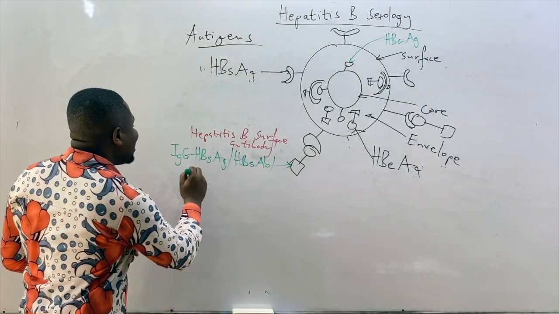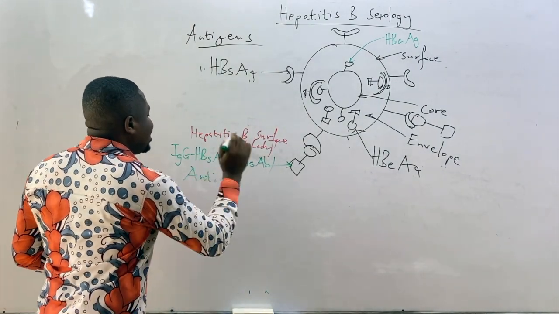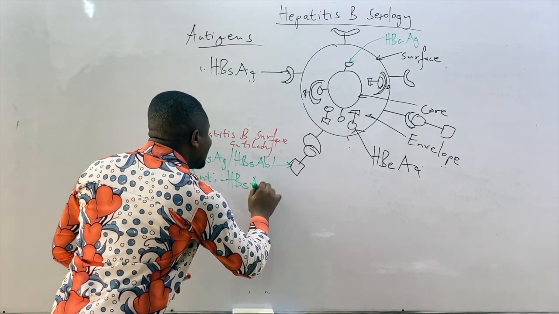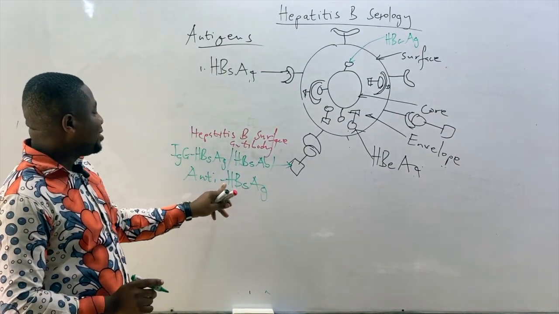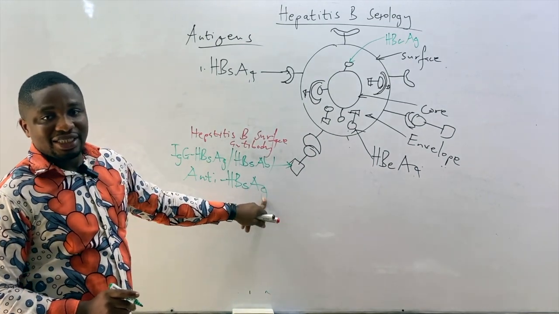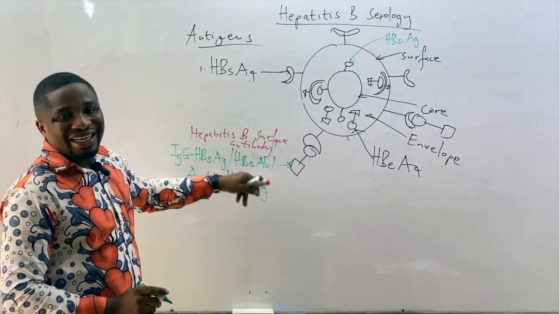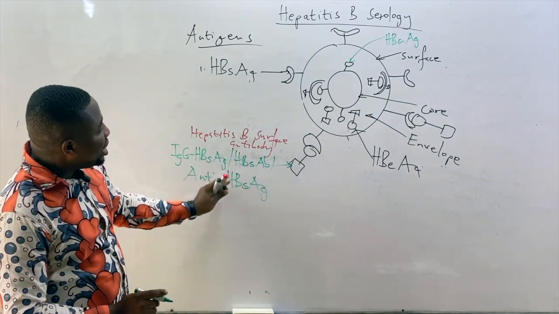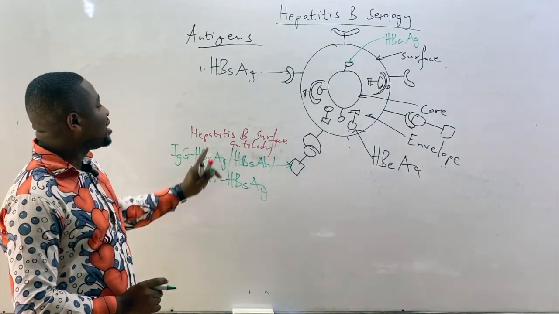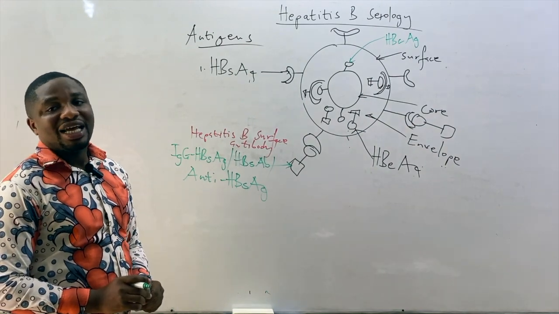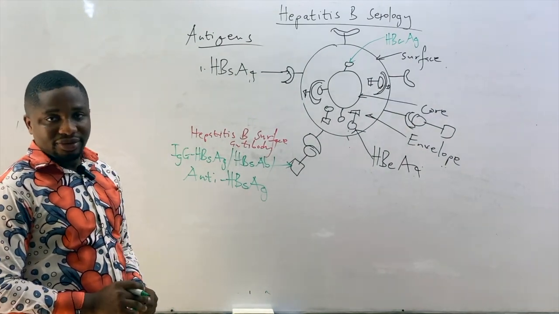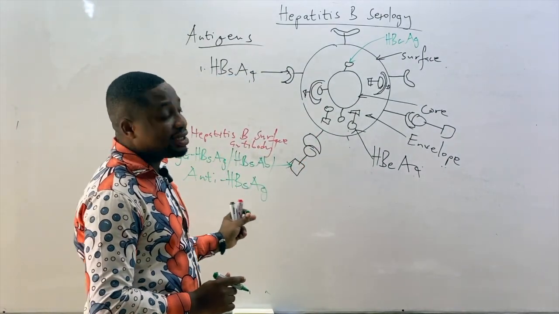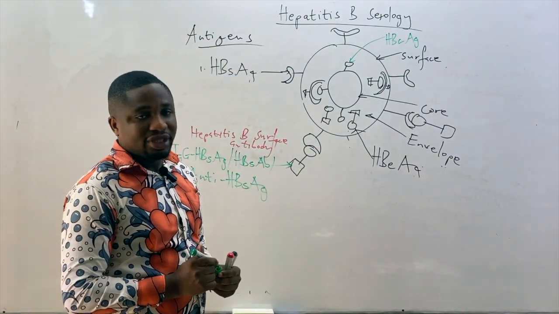So we can also write anti-hepatitis B surface antigen, telling you that anti, working against the antigen, will be the antibody. So these are the three different ways by which you can represent the hepatitis B surface antibody. Now, let's move to the next one. We'll come back to the clinical significance of each of the antibodies.